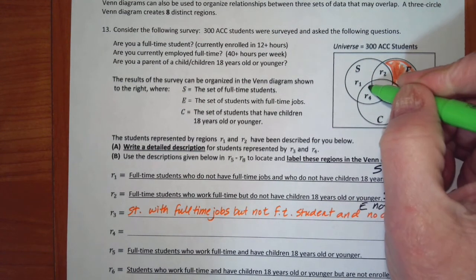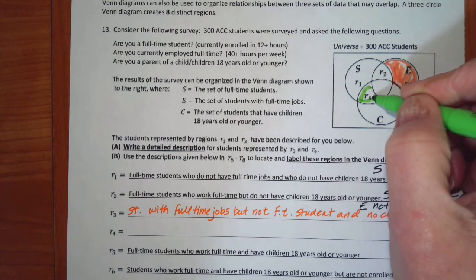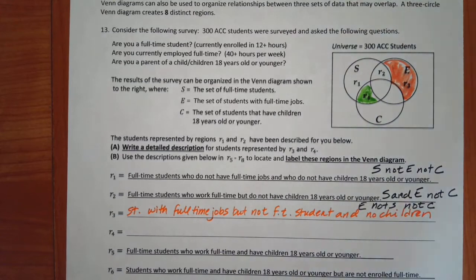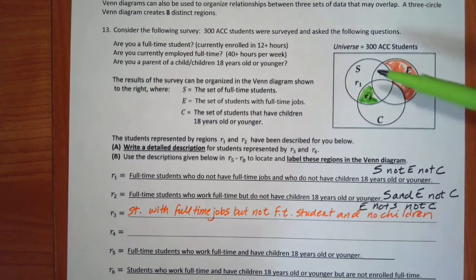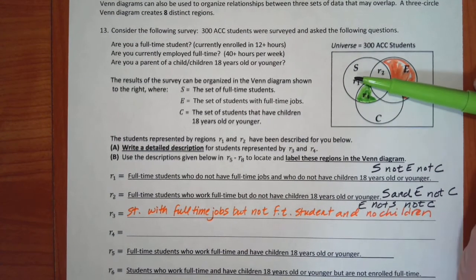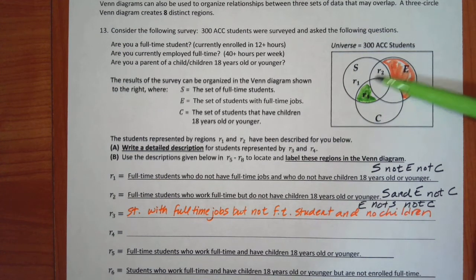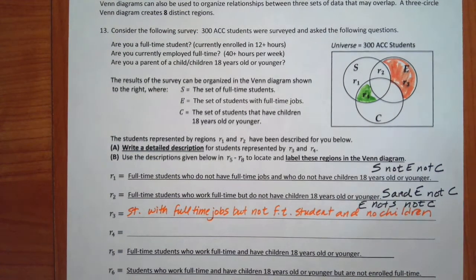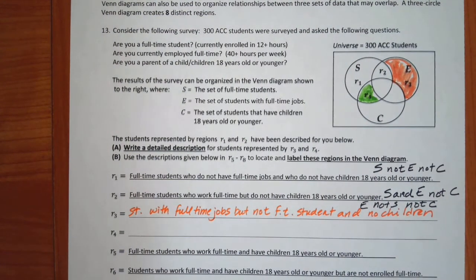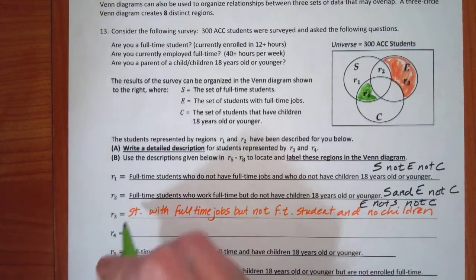Okay, R4, this region here. This is the overlap of full-time students and students with children, but does not overlap the jobs. Okay.